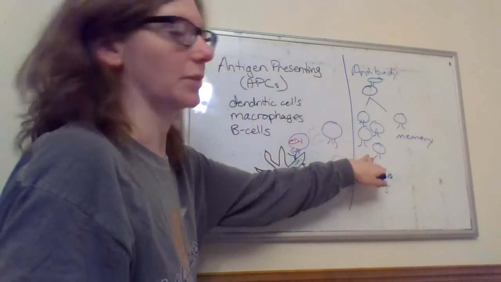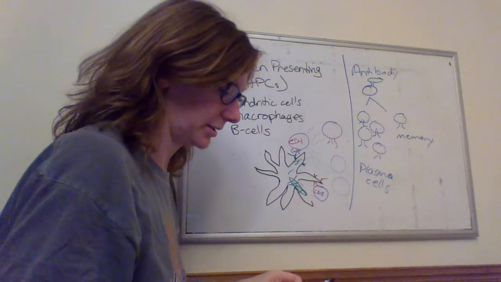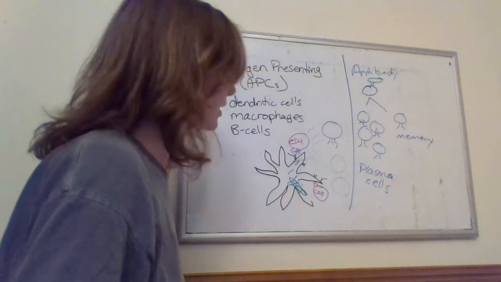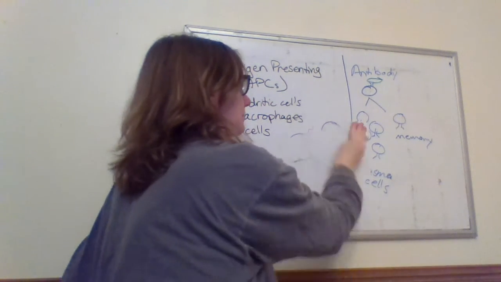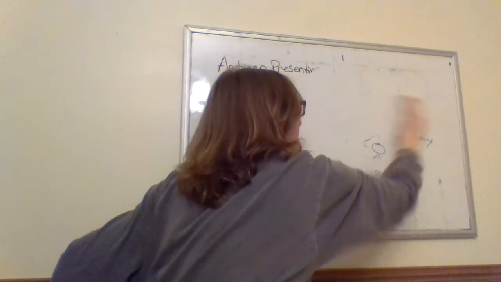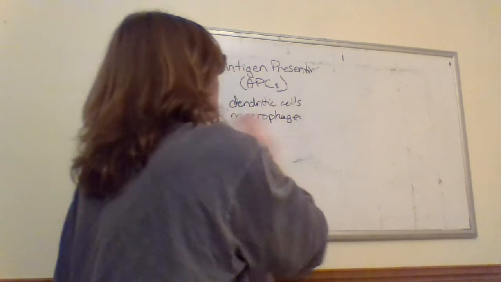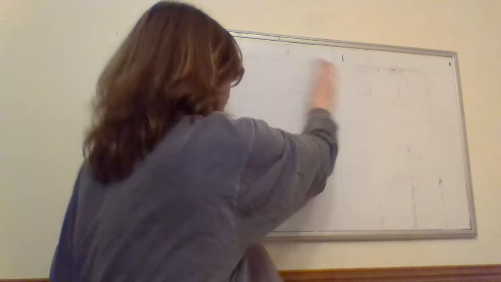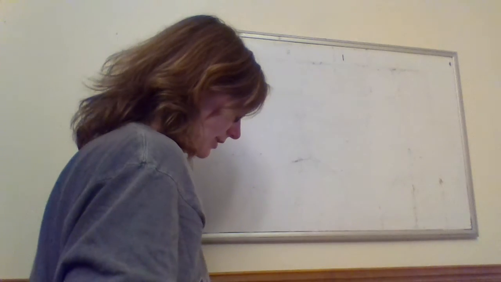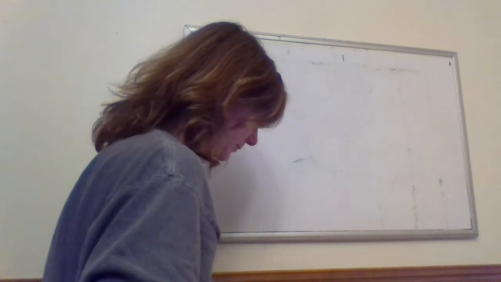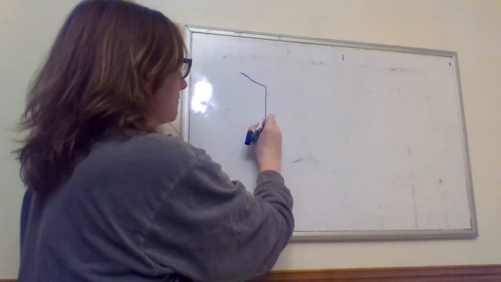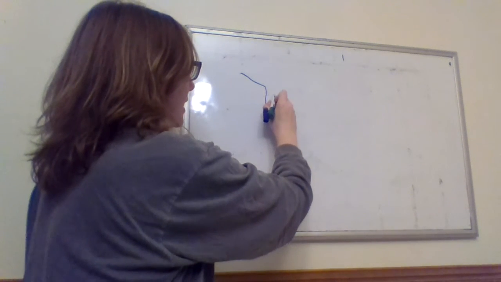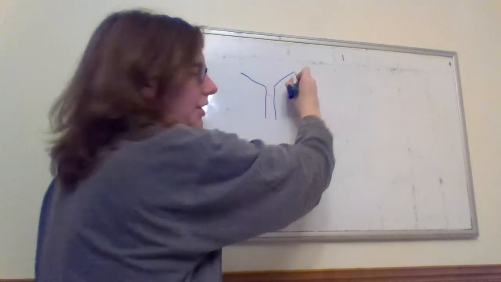So these antibodies, we talked about how the antibodies themselves can cause trouble for pathogens. So they really are kind of shaped like a Y. And they're proteins.